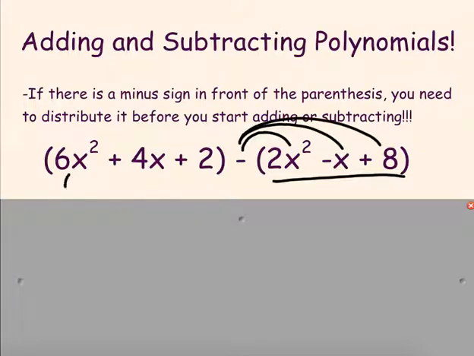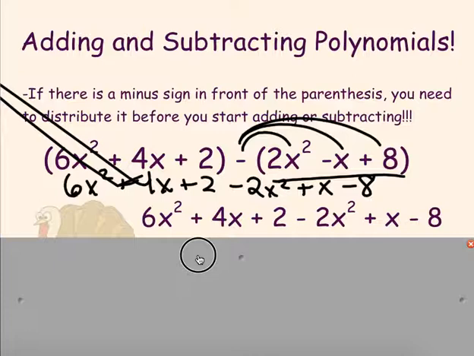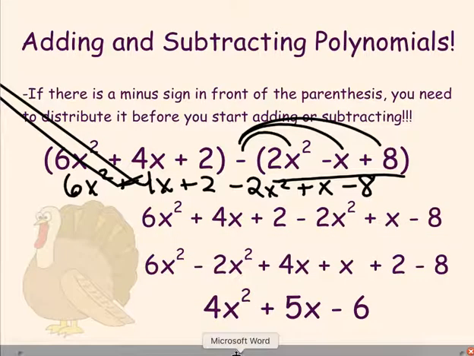So that we get 6x squared plus 4x plus 2 minus 2x, so a negative 2x, now a positive x, and minus 8. And regardless of what method you use, either moving them to be near their like terms or putting them one on top of each other, you should get 4x squared plus 5x minus 6.